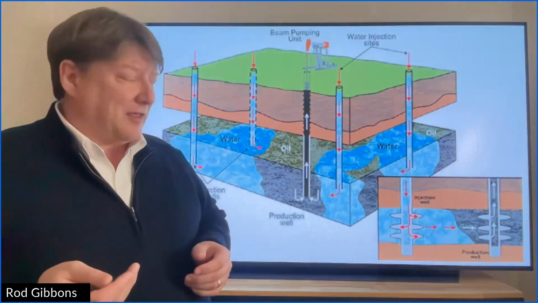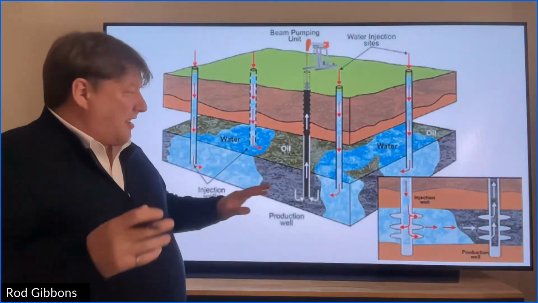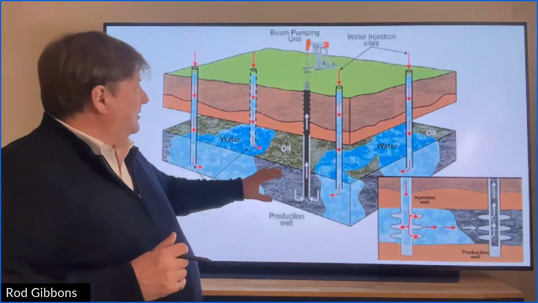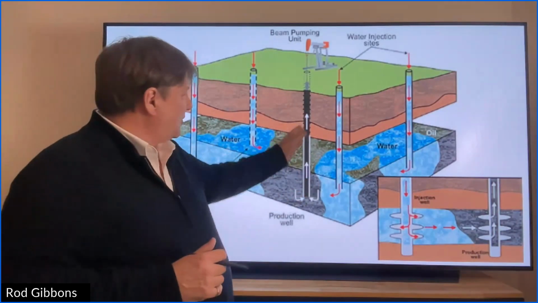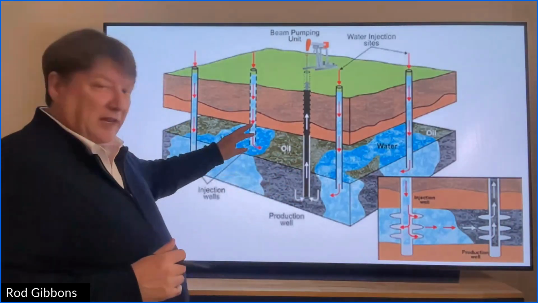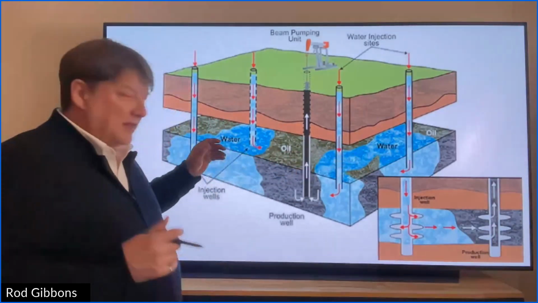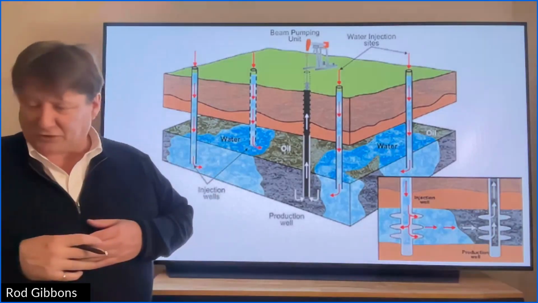So you may remember this schematic. If we zoom out from the microscopic to the field level, you have your production well producing oil, and then water injectors that are supporting the field with pressure support.